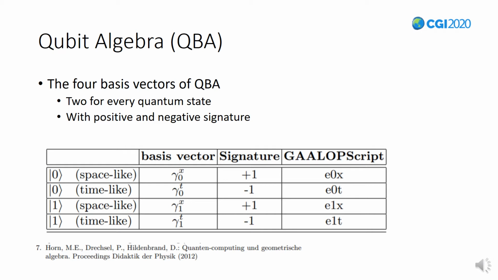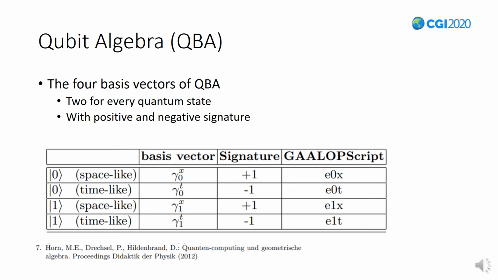One is space-like, one is time-like. They are called gamma 0x and gamma 0t. And the same for the state 1. Also space-like and time-like components, consisting of the basis vectors gamma 1x and gamma 1t.